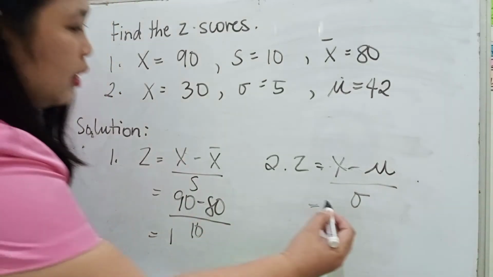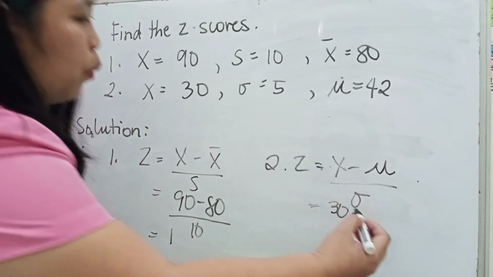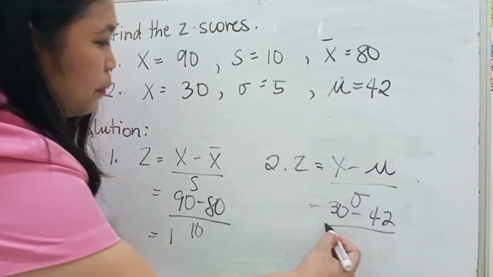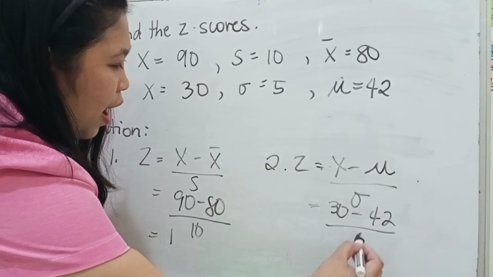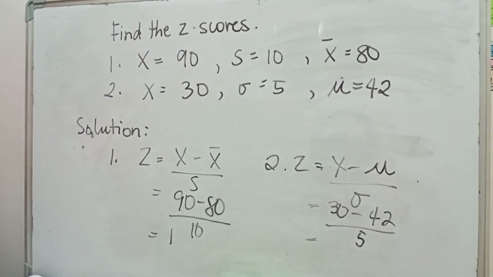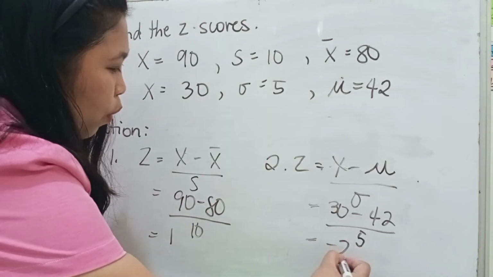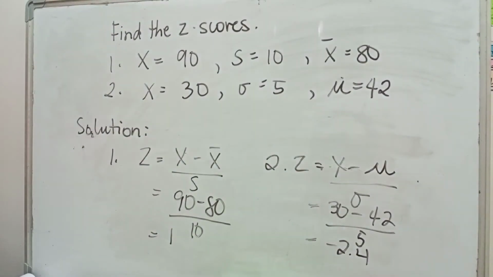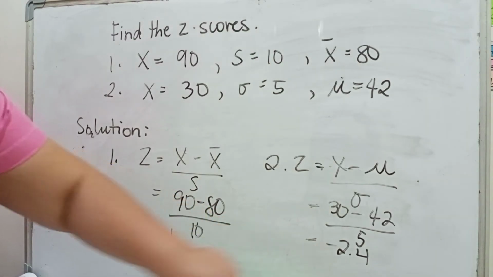So you have 30 minus 42, our mean, divided by the standard deviation 5. 30 minus 42 is negative 12, divided by 5, which is equivalent to negative 2.4. That is within the population. And of course, our Z-score or standard score is below the mean because, as you notice, we have a negative answer.